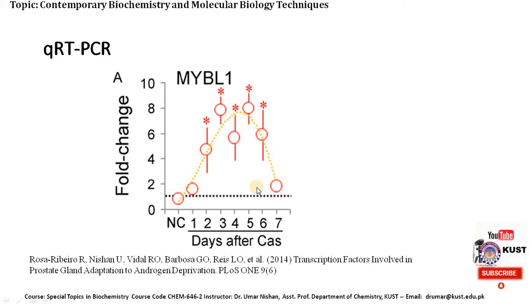So this is measured through quantitative real-time PCR, and one can see that two, three, four, five, and six days after the hormone was removed, the gene expression shows a fold change increase that is statistically significant from the control and day 1 and day 7.